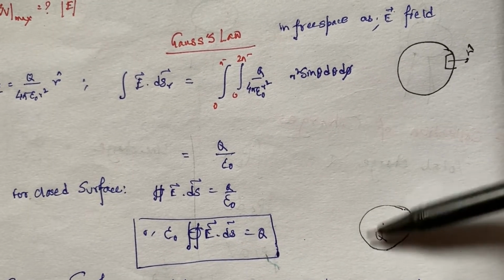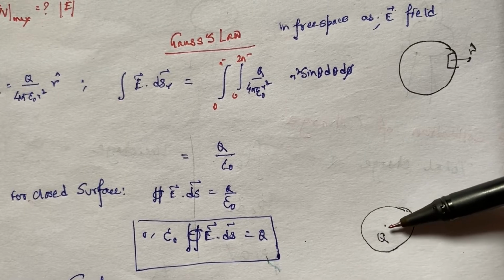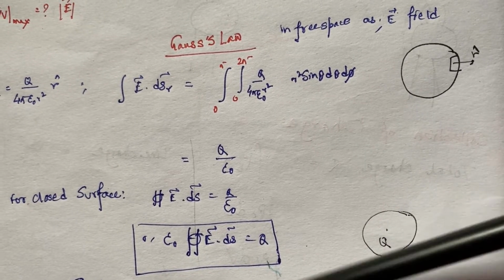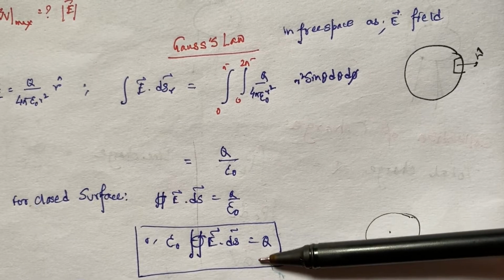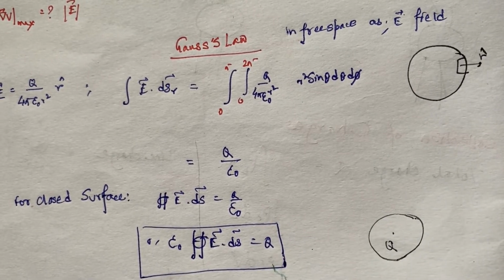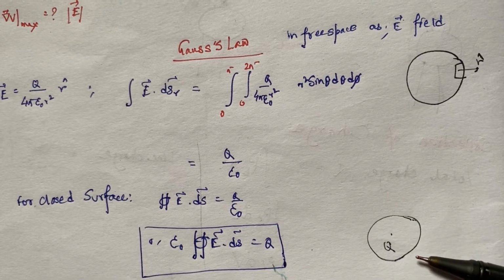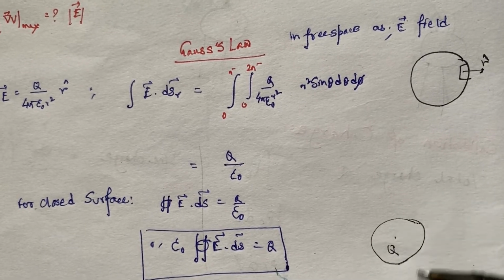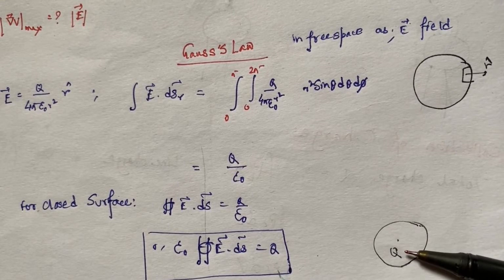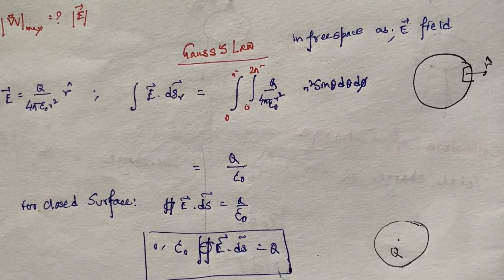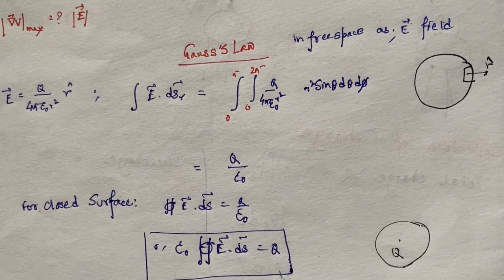If I have this surface and it encloses a charge Q, then this integration gives me the result. This kind of surface which encloses the charge and which is used to calculate the charge enclosed is known as a Gaussian surface.